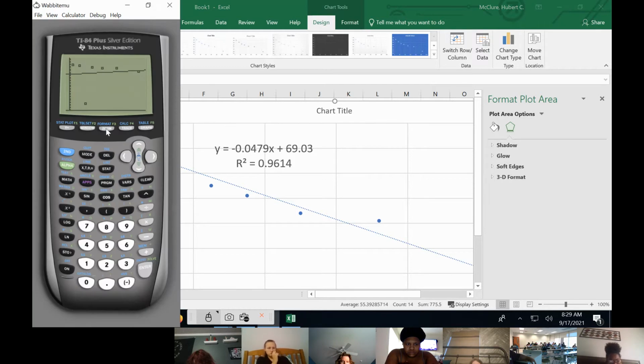So stat, calculate, linear regression. All y'all had to do was just tell me, but that's okay. I'll look it up. I know that's a lot of work to talk. 0.29. Now the Excel spreadsheet, I must have a number typed in wrong because that is too high.